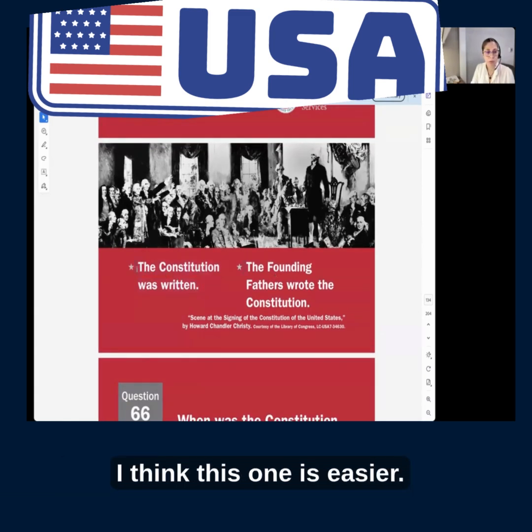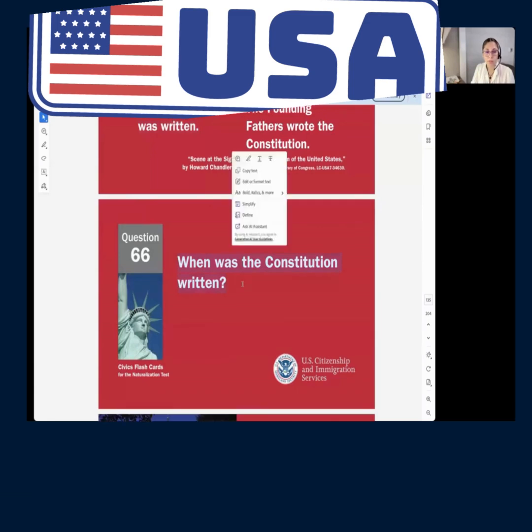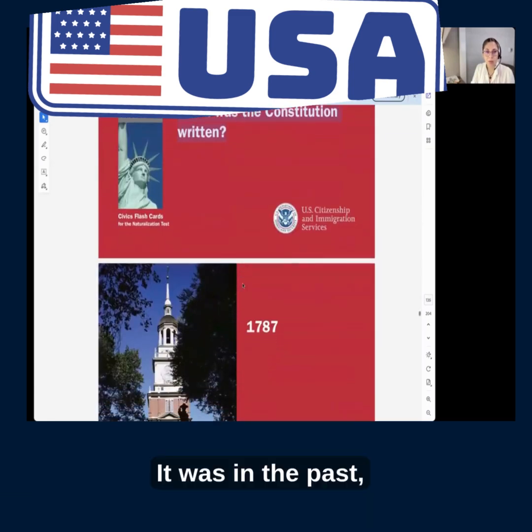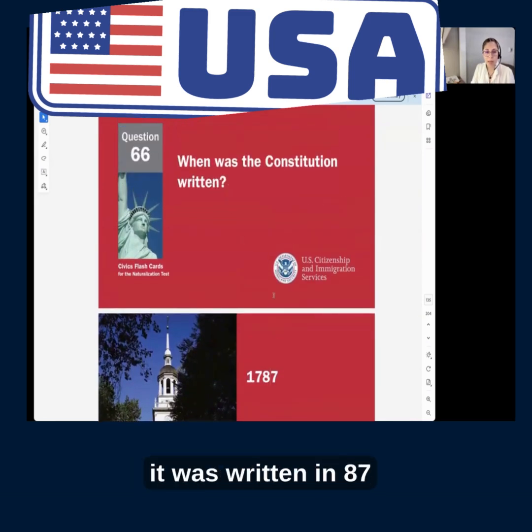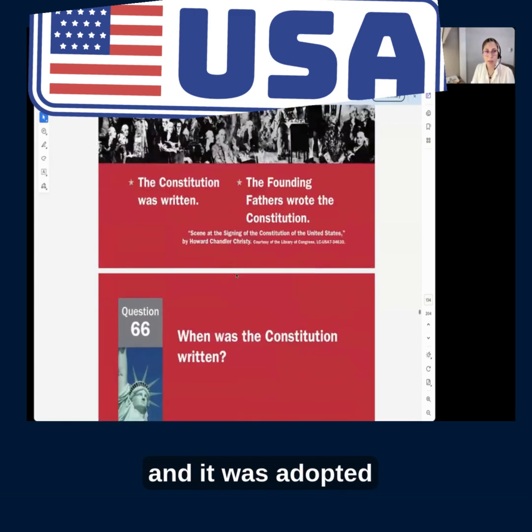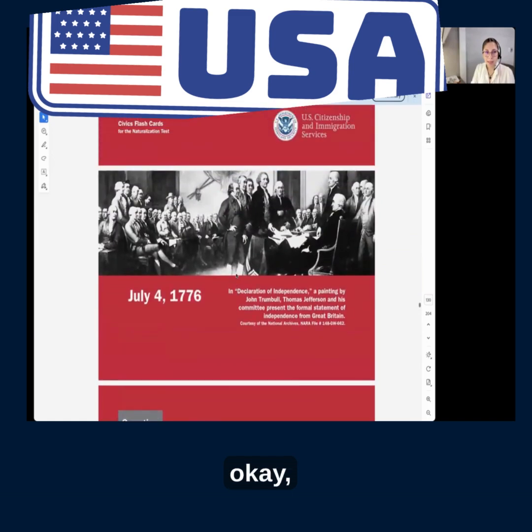I think this one is easier. The Constitution was written. And then, when was the Constitution written? Escrita, el pasado. 1787. Okay? So noten aquí, fue escrita en el 87 y fue adoptada en el 76.